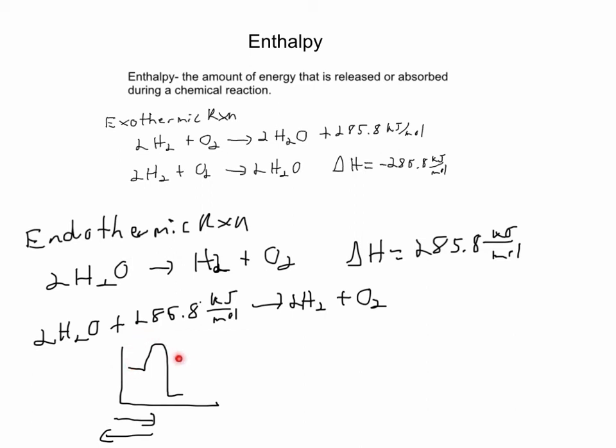So going one direction, the products have less energy, but if we go the other way, the products, what used to be the reactants, have more energy, and this distance, the energy difference between the reactants and products, stays the exact same.